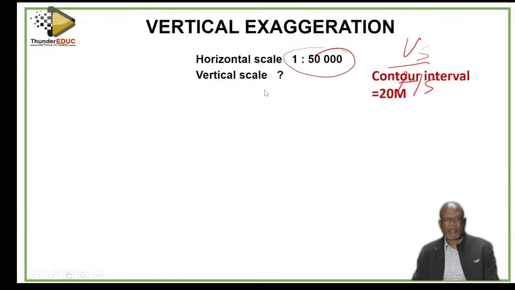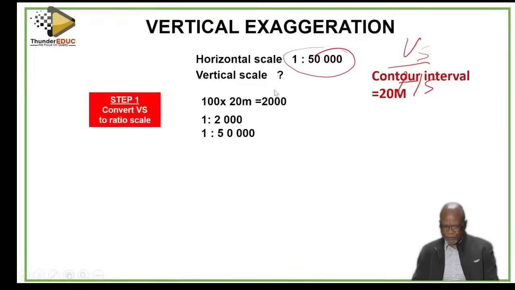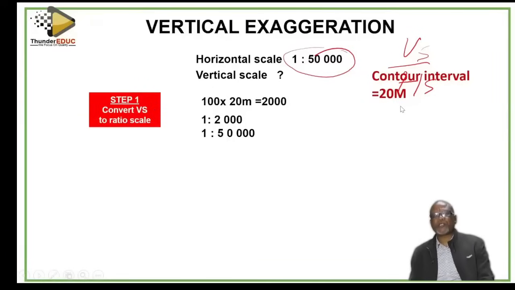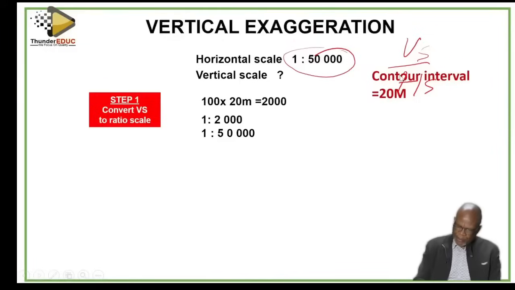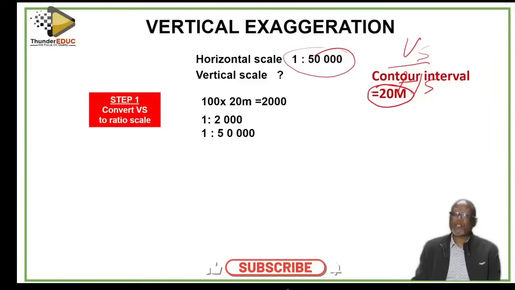Now, let's do a general calculation of vertical exaggeration. Say your contour interval is 20 meters. Your vertical scale is not given to you, but your horizontal scale is. How do you work out your vertical scale? What I know is that the vertical interval on the map is 20 meters.